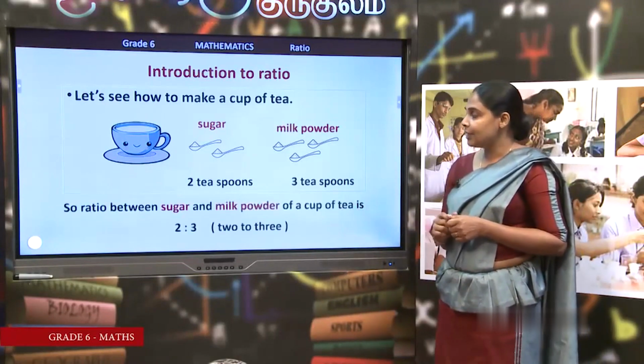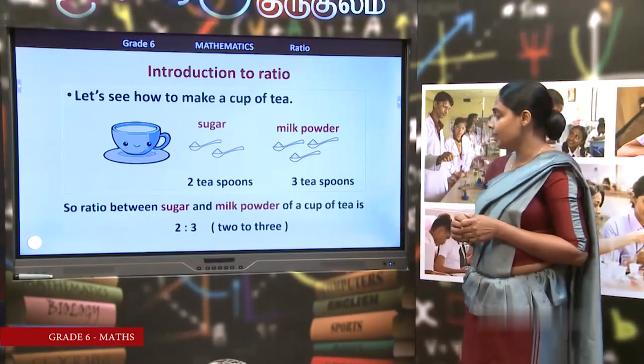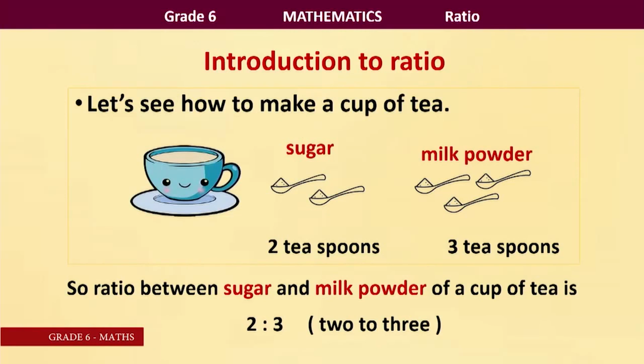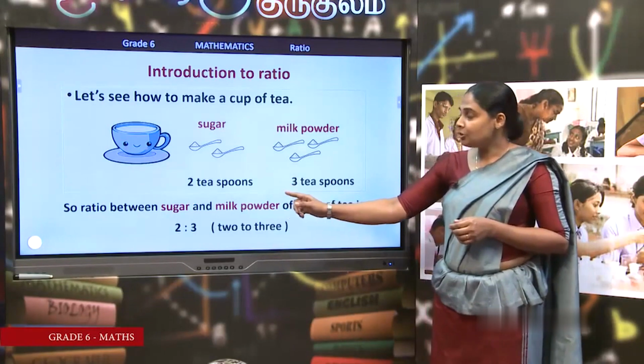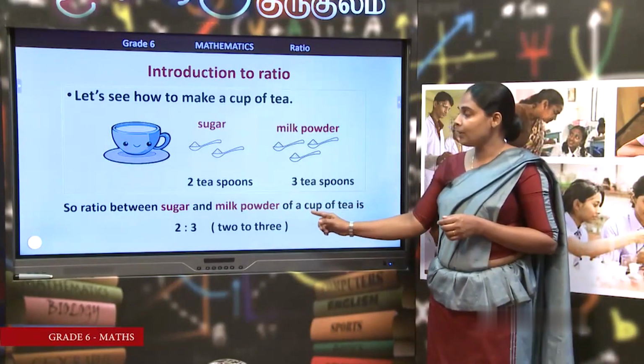The ratio between sugar and milk powder of a cup of tea is 2 to 3. How we can write it? 2 colon, and we can write down the next number, 3. Why did we write 2 first? Here I gave the ratio between sugar and milk powder.